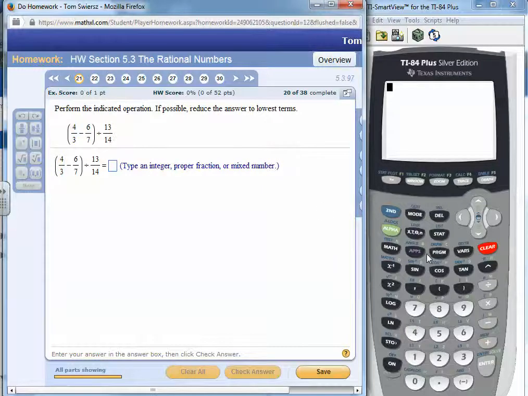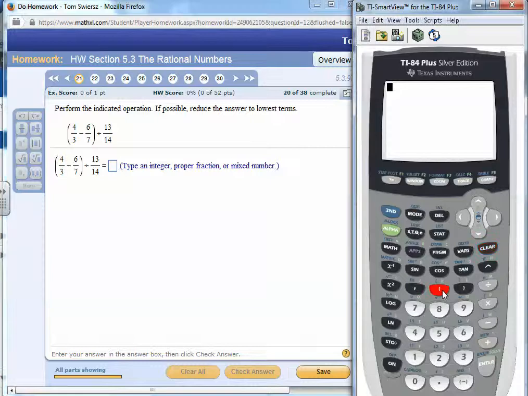Okay, so again, if you want to just do the division, you would have one set of parens, and then a paren for the fraction 4 divided by 3, minus, and then parens around the fraction 6 divided by 7. Now we have a paren around that whole quantity, right?